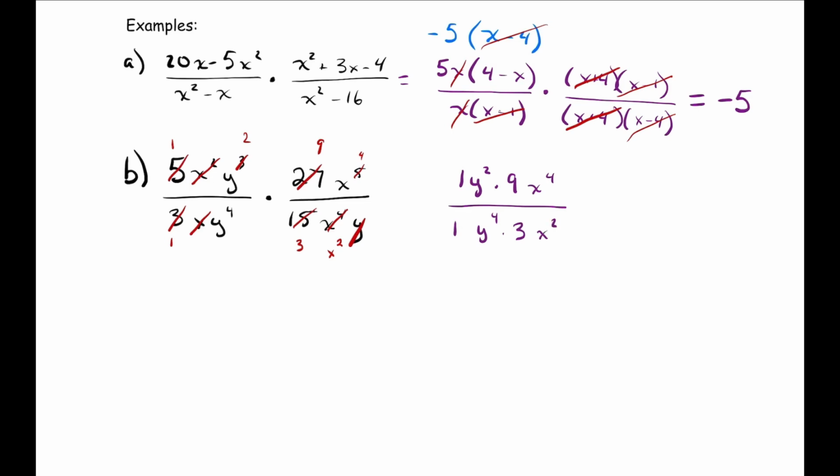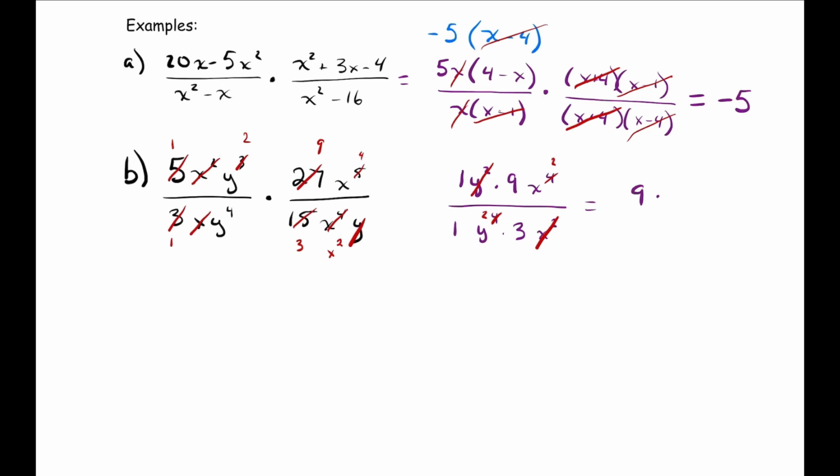So as we can see, we have this kind of intermediate step where we can continue to clean this up some. We have some y's and x's that'll continue to cancel out. The y squared and the y to the fourth will simplify. X squared and x to the fourth will simplify. And then we can just multiply those constants. 9 times 1 equals 9.